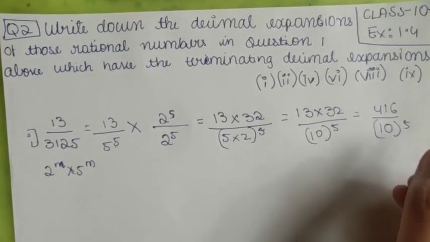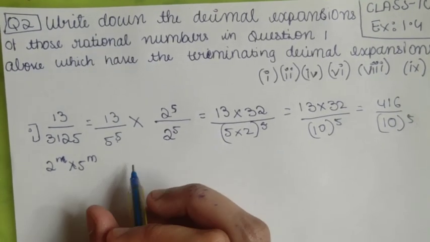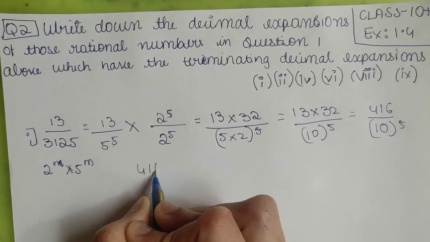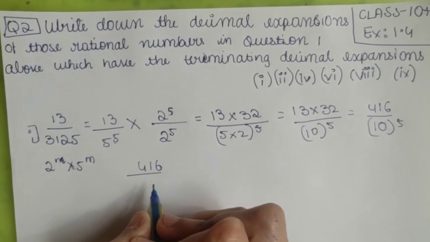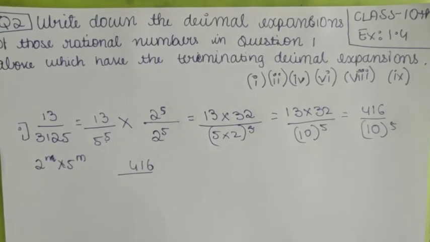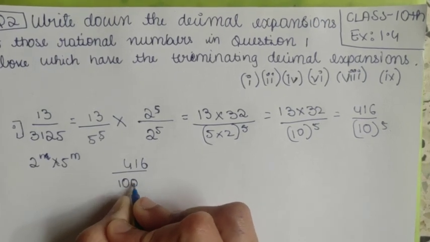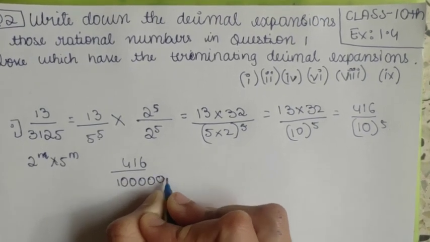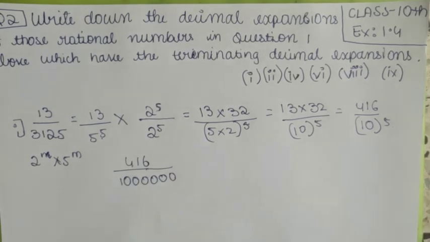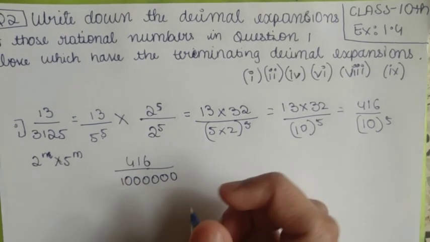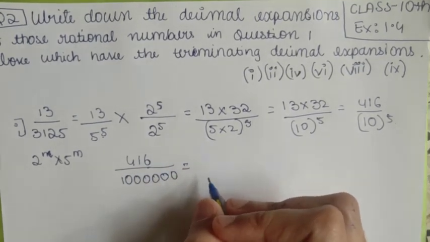Okay, now I'm continuing it here. Now 10 root 5, when we do 10 root 5 we get this answer. So now we can write the decimal expansion.